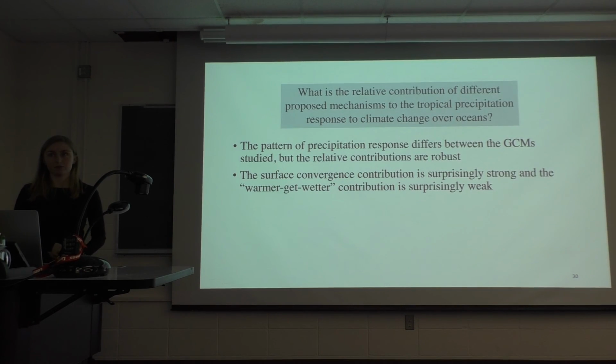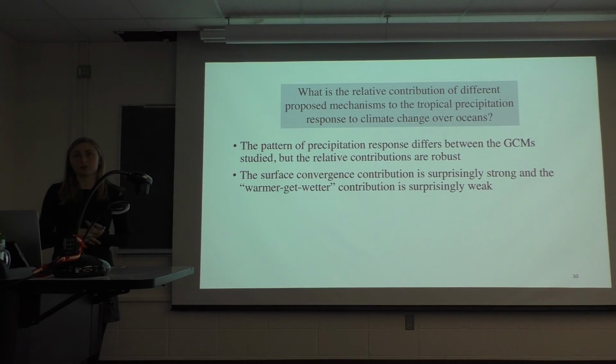Okay, so I put in this gray box what our original question was, what the original intent was. So what was the relative contribution of the three mechanisms to the tropical precipitation response to climate change over oceans? And we found basically that even though the patterns of the precip responses are so different across GCMs, the importance of each mechanism, just in a general sense, is pretty robust.